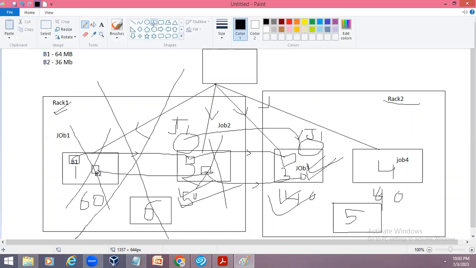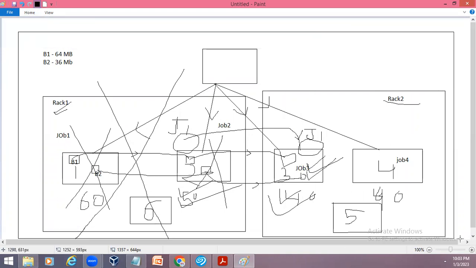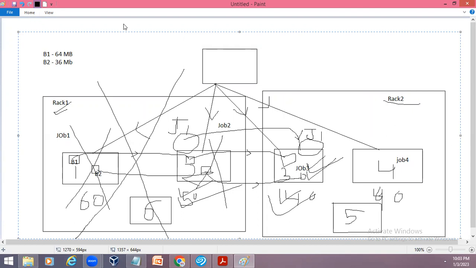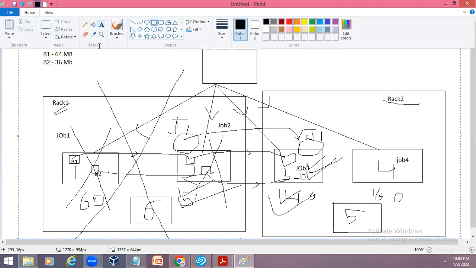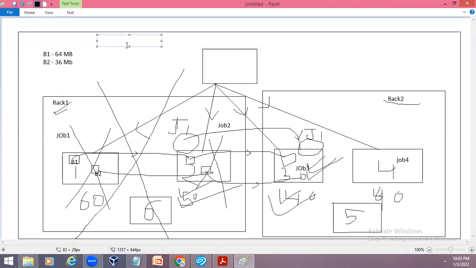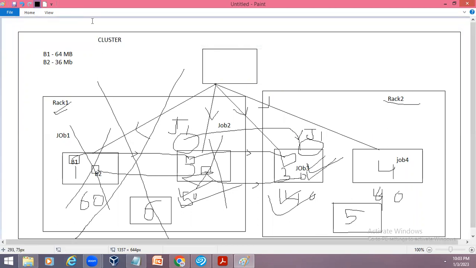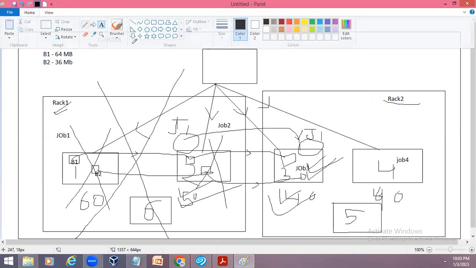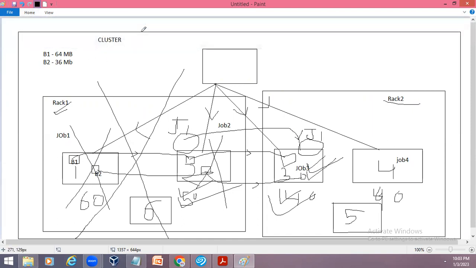Now one last thing. This entire setup is called a cluster. So what do we learn here? We have a cluster. Under the cluster, I have the racks. Under the racks, I have the nodes.